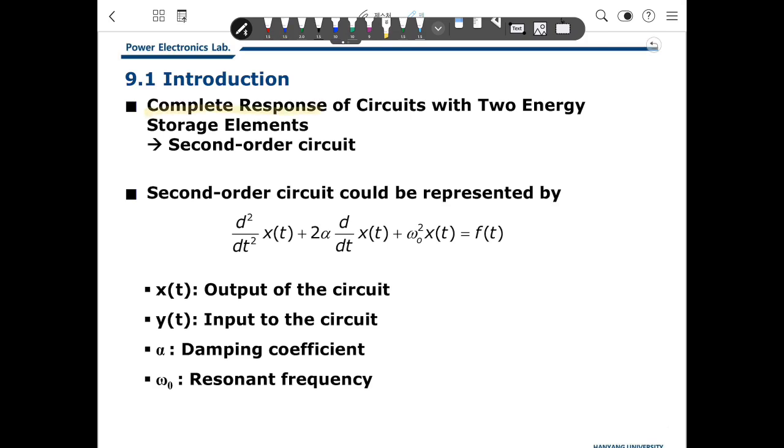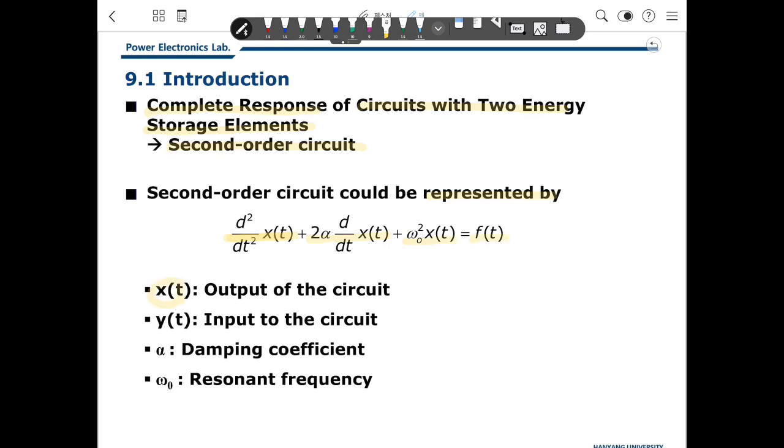To get the complete response of a circuit with two energy storage elements, we have a second order circuit. We call that circuit a second order circuit. The second order circuit can be represented by a second order differential equation. The general form here is d squared x(t) plus 2 alpha dx(t) plus omega 0 squared x(t) equals f(t).